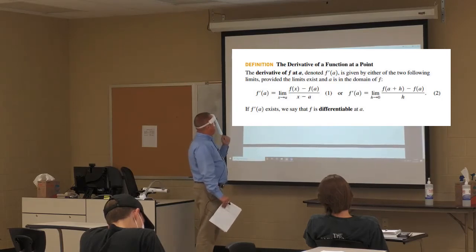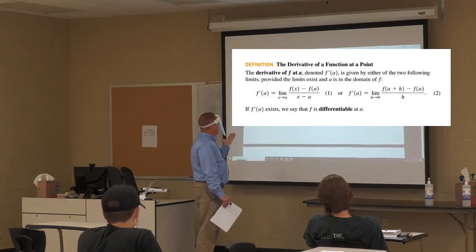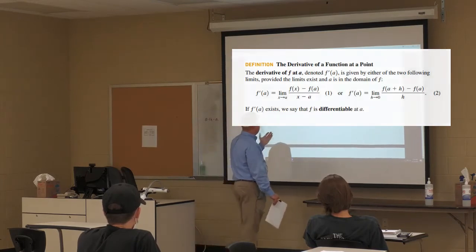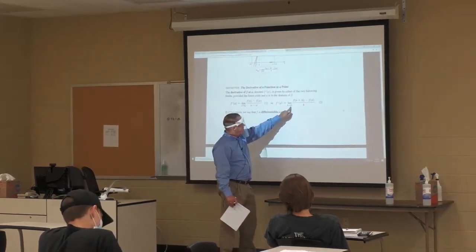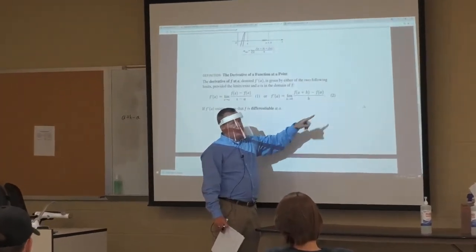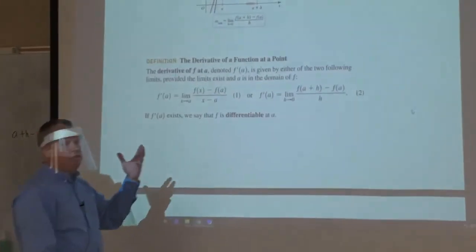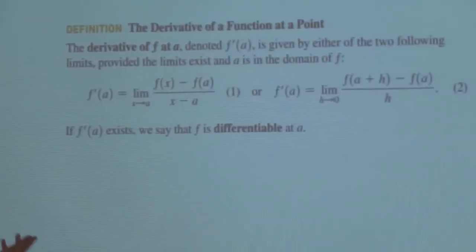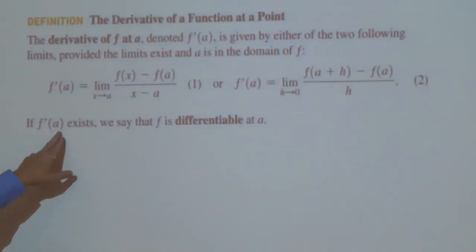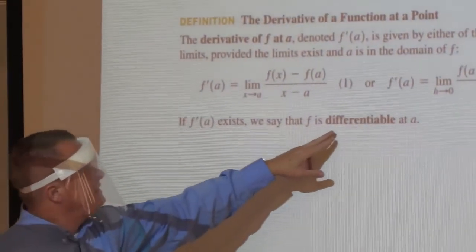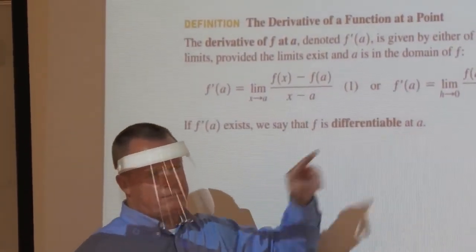That is given by either of the two following limits, provided the limit exists and a is in the domain of f. So the derivative of f at a is that, because that's what we've been finding. Now we're just calling it the derivative of the function at a. Okay? If the derivative at a exists, we say that f is differentiable at a, at that point.